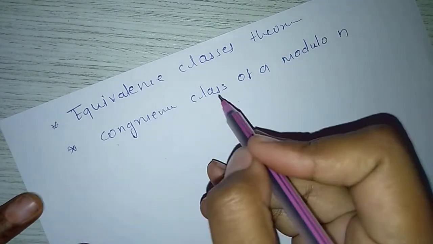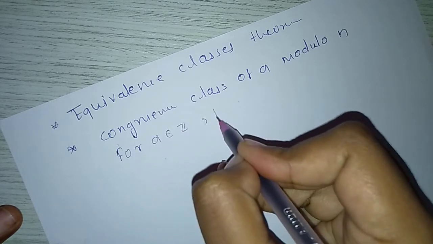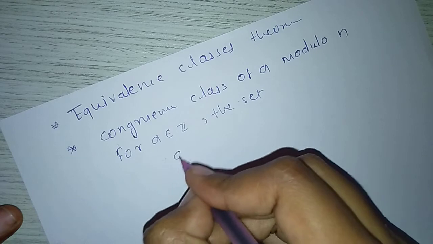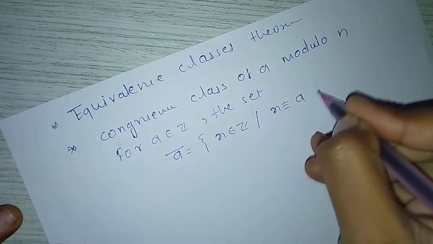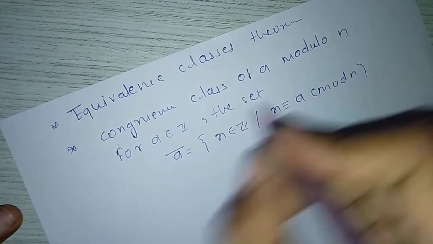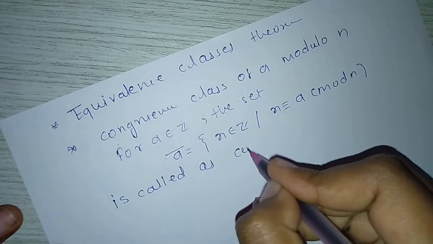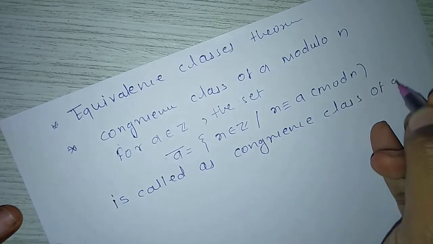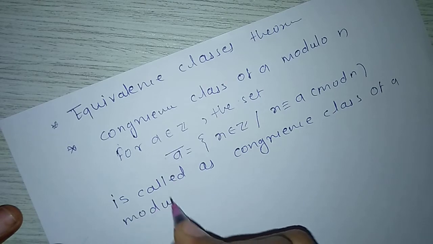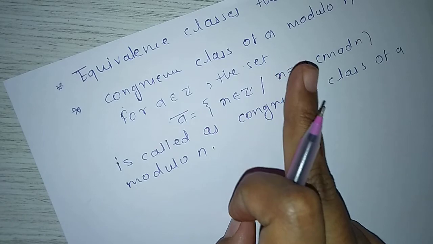The definition of congruence class of a modulo n is, for a belongs to Z, this set a bar equal to the set of x belongs to Z such that x is congruent to a modulo n, is called the congruence class of a modulo n. Next we have seen a theorem that depends on the congruence class of a modulo n.